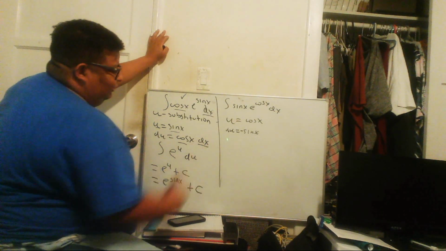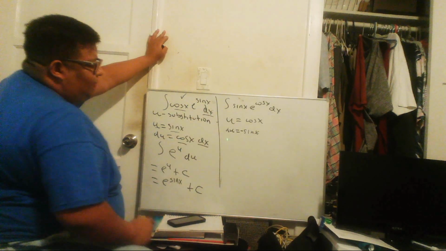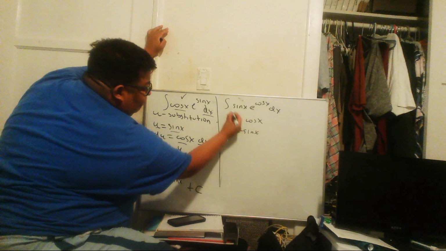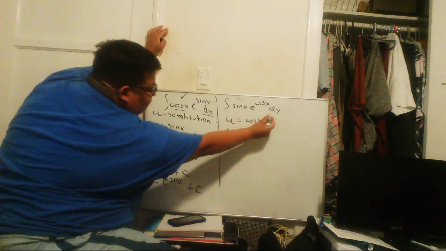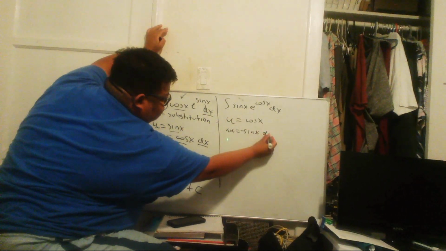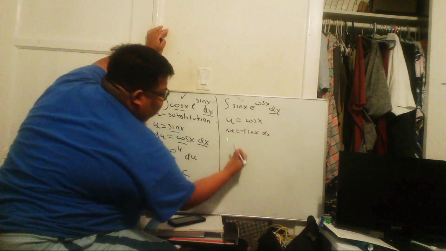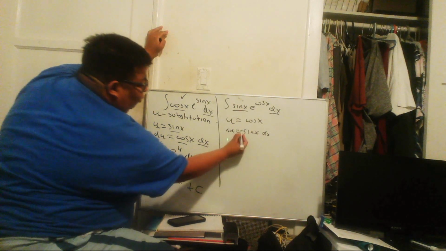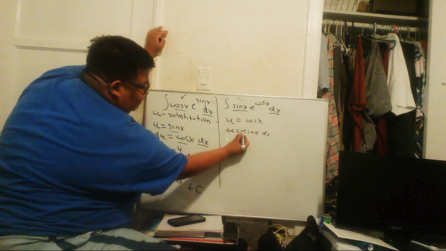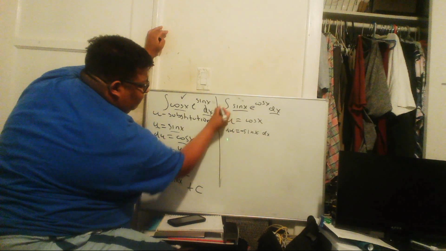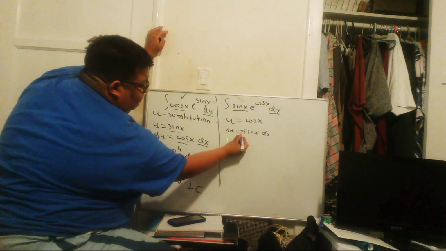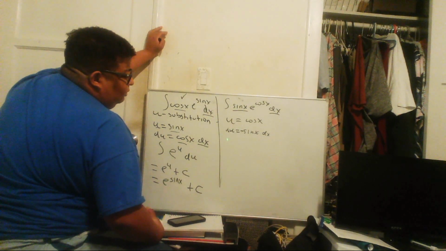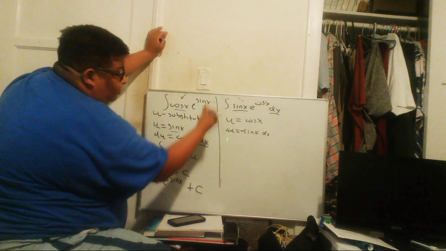Now this one is a little trickier, and that's why I wanted to show this side by side. If you notice, here we have a minus sign in the derivative, but I don't see any minus in the integral. We have dx, so the dx is taken care of, but all we don't have is the minus. Because we have a minus in du, we need to put a minus here to compensate, because minus times minus becomes positive, so that doesn't change the original integral.